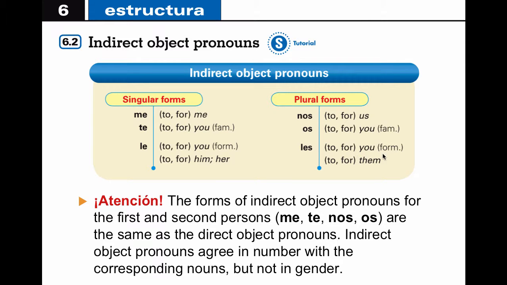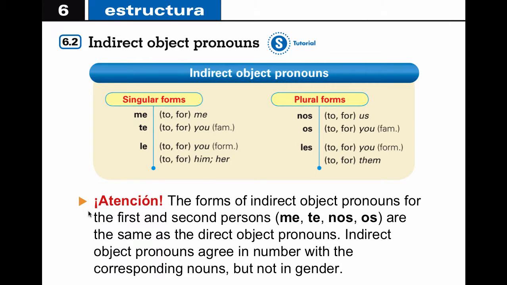So to or for you, formal, or y'all, as we say here in Texas, or to or for them, talking about a plural number of people in the third person. And that's it. These are our indirect object pronouns.